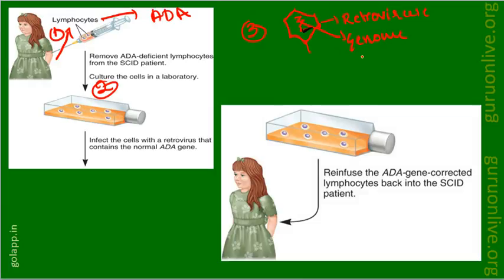Now, these retroviruses carrying the normal ADA gene are infected to lymphocytes with the deficiency in the ADA production. So this is the infection with the retroviruses.